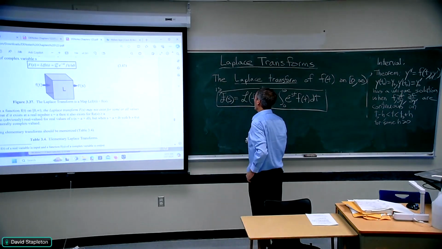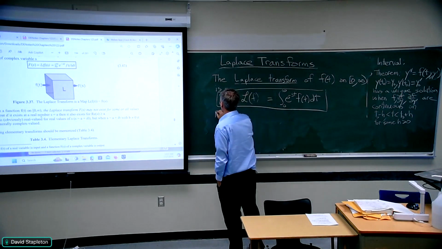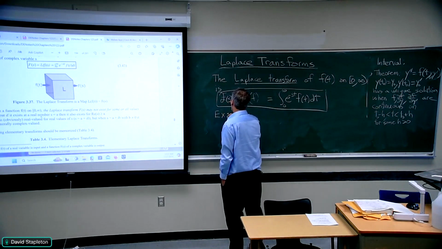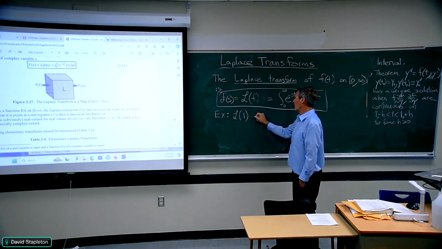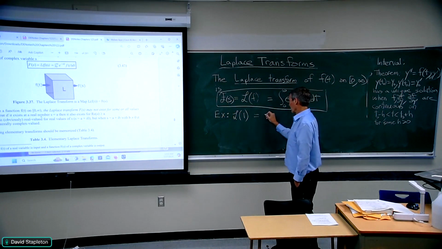And now we can do some examples, for instance, like what is the Laplace transform of the function 1, right? A real easy function. Apparently it's the integral from 0 to infinity of e to the minus st times 1, right? We know how to integrate that.